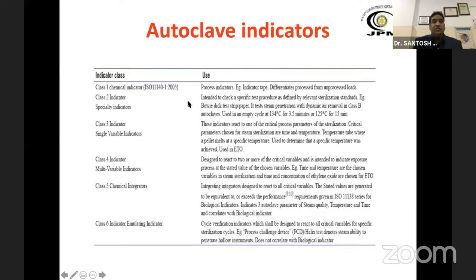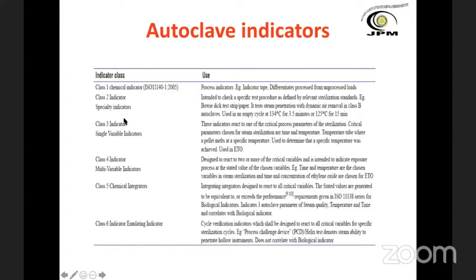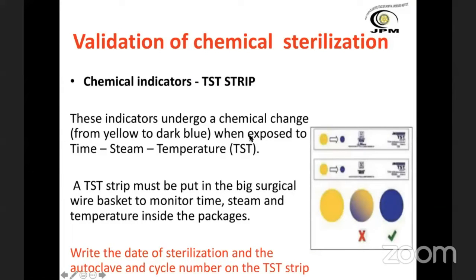For autoclave indicators, there are 6 types, but class 1, 2, and 3 are the most commonly used. Class 1 is indicator tape, class 2 is the Bowie-Dick test, and class 3 is used for ETO. Chemical sterilization is usually not commonly used, but whenever it is used outside the operation theater, the indicator needs to be well read and it should be a deep blue in color.